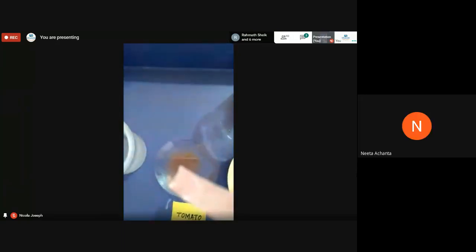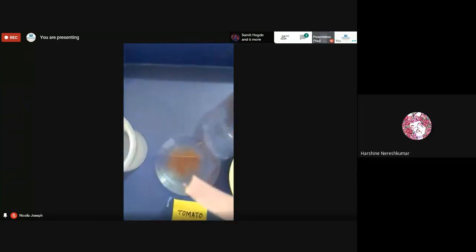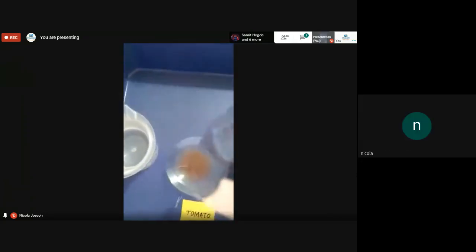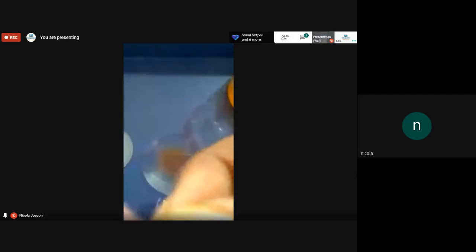Does it change color? No, ma'am. Actually, I don't know, but it's a faint red. I think it's a very weak acid, so the color change may not be visible to you all.